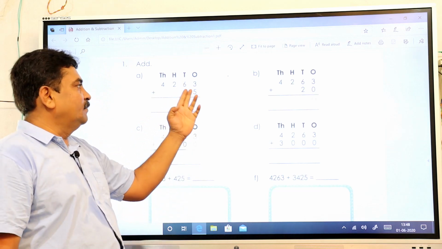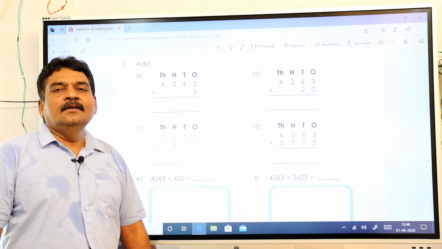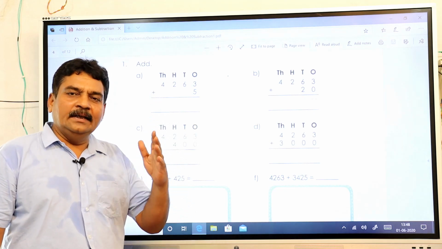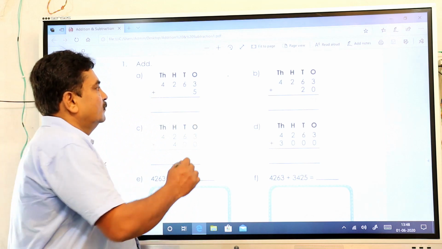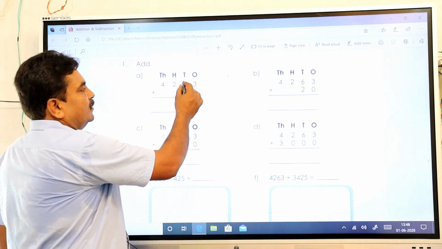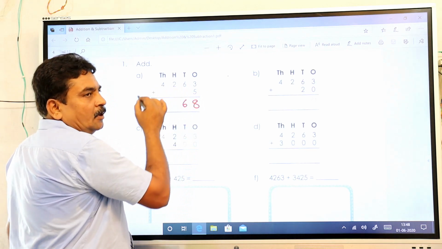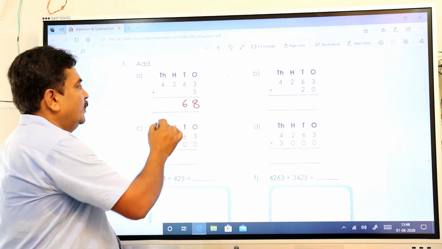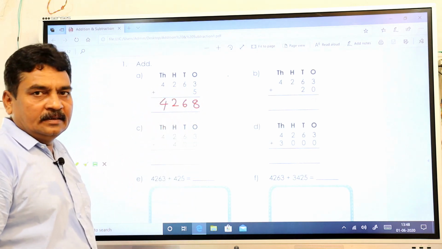The bigger number is 5. You take 5 in your thought and then add the smaller number to it. So 5, after that 6, 7, 8. So 8. Now the remaining 6, there is no number, so keep 6 as it is. There is no number down to 2, so you write down 2 as it is, and this is 4, you write down as it is.